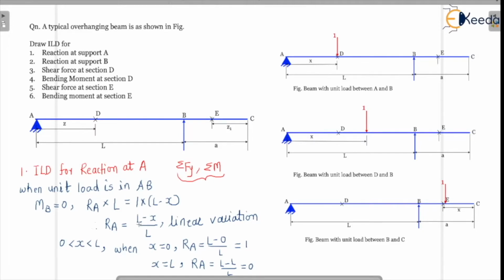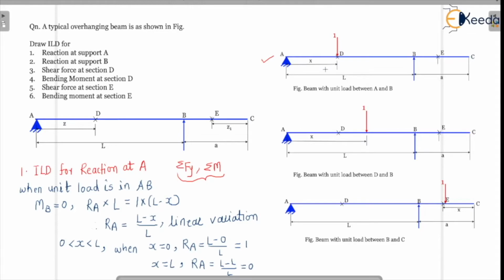So here, when the unit load is in the beam AB, first case. Because we want to find the support reaction at A, let us consider moment about support B is 0. What loads are available? There is a reaction RA and one unit load.